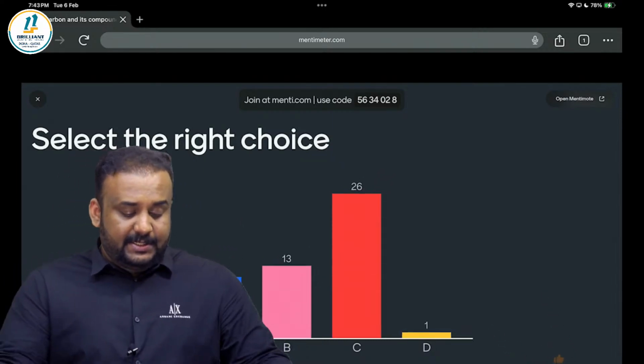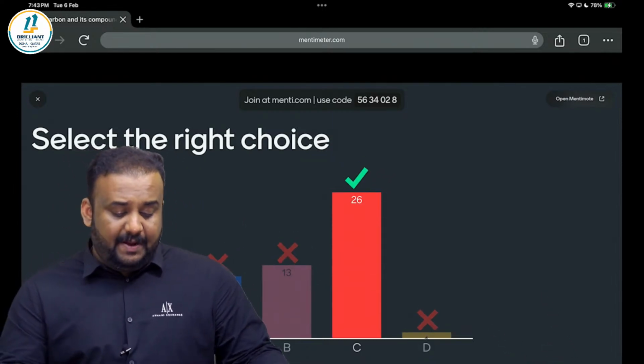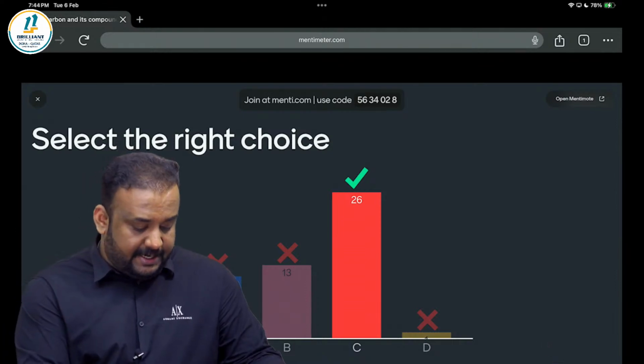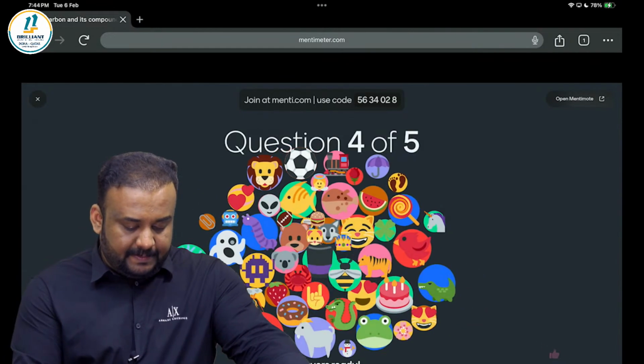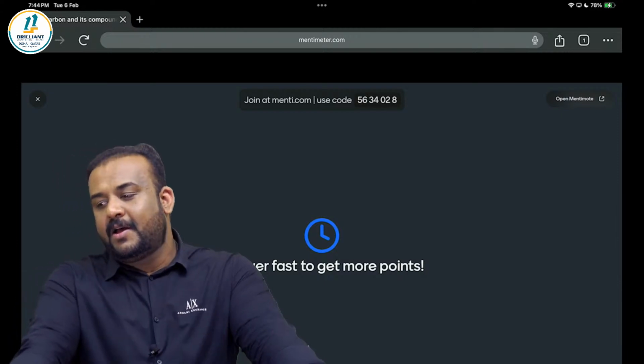Yes, so most of you have answered it correctly. Very good. Option C is the right answer. Let's go to the next question. All ready?